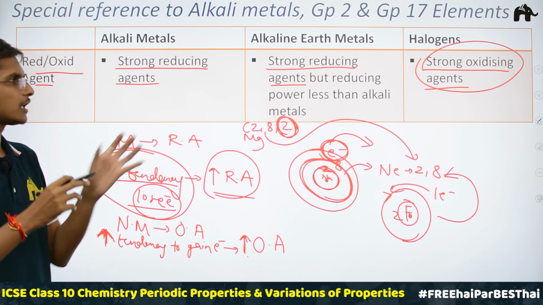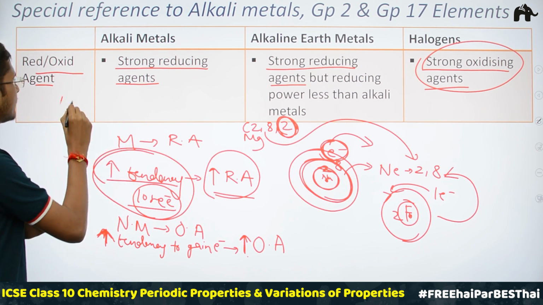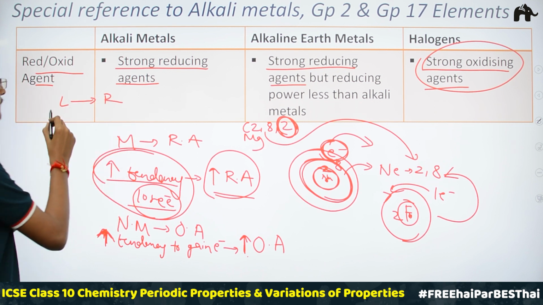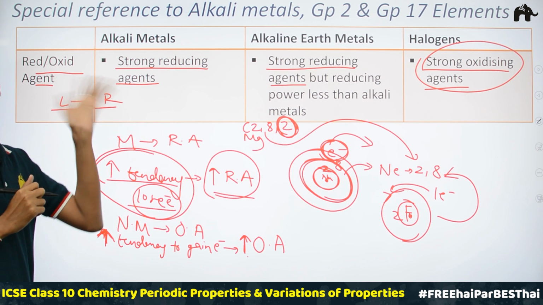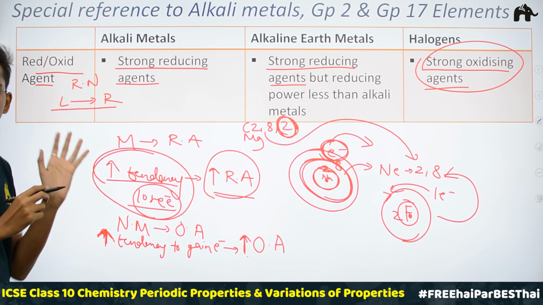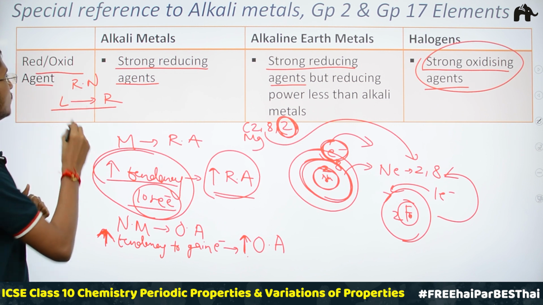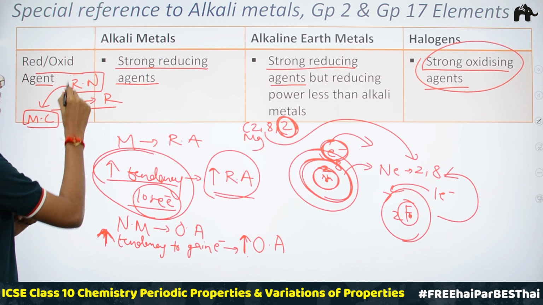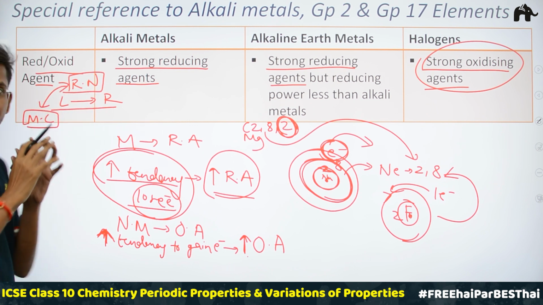Now, how can we figure this out? Just try to remember the trend of reducing nature across the period from left to right. To remember that, remember the trend of metallic character, because the metallic character trend and the reducing nature trend are exactly the same.